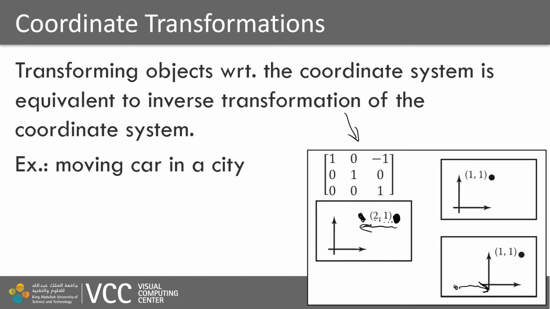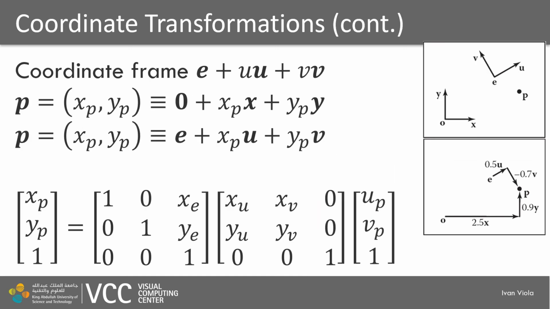What should be moved? And often we will be dealing with coordinate transformations from one coordinate frame to another one. For example, the transformation between the canonical coordinate system and some UVW coordinate frame, or it can be named according to the name of the vectors which are spanning this coordinate system.